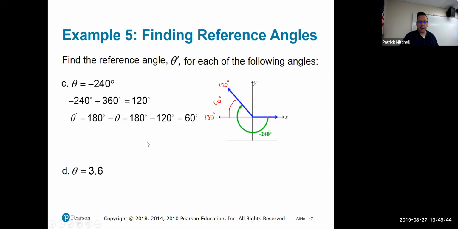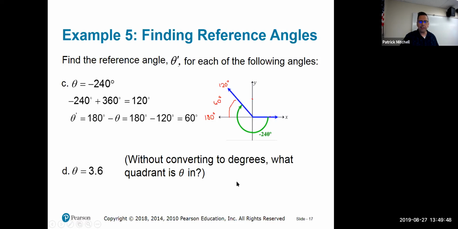Okay, 3.6 radians is in quadrant 3. And the reason I know it's in quadrant 3 is because pi radians, which I'm going to cheat and use this picture, pi radians is right here. And pi is about 3.14.